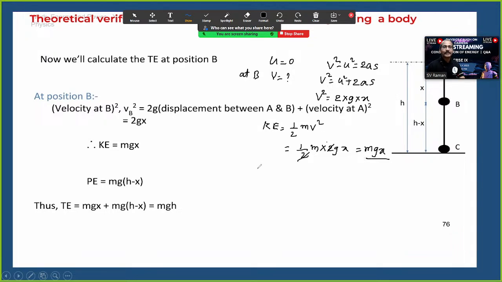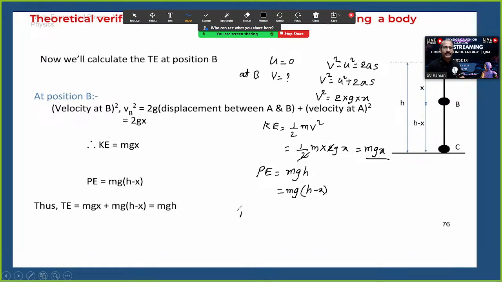Now we can calculate potential energy. Potential energy PE is equal to mgh. We know that. Now what is the height over here from the ground level? Which is h minus x, mg into the height value h minus x. So kinetic energy K is equal to mgx. Potential energy P is equal to mg into h minus x.